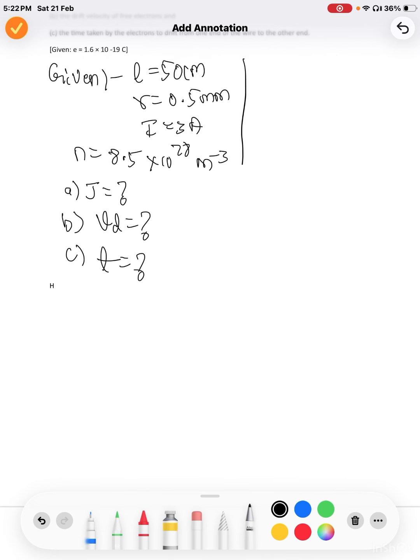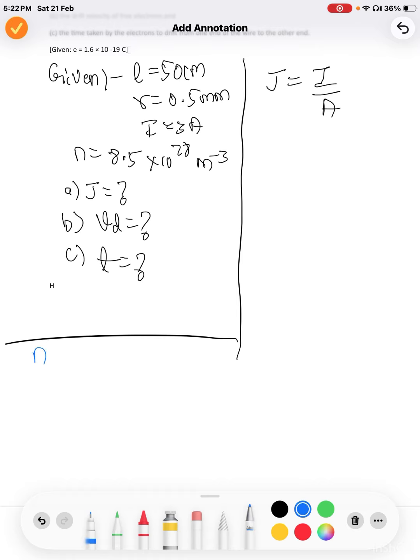What formula can I use to find current density now? We know current density equal to I by A. I is given, 3 ampere, but the area is not given. You have to find the area. We know the area formula: area equal to pi into r square.